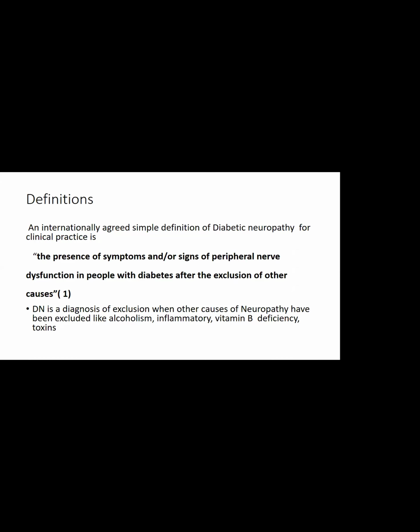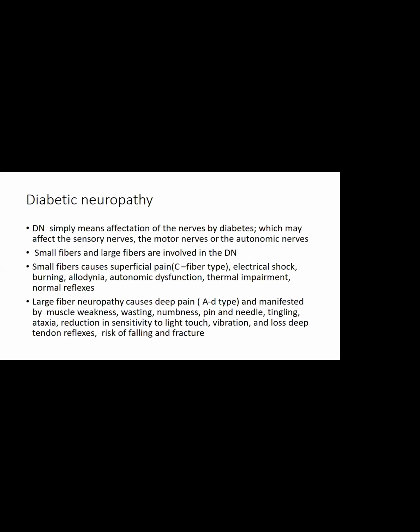Diabetic neuropathy is a diagnosis of exclusion, having excluded other causes of neuropathy like alcoholism, inflammatory causes, vitamin B deficiency, toxins, and other metabolic disorders.